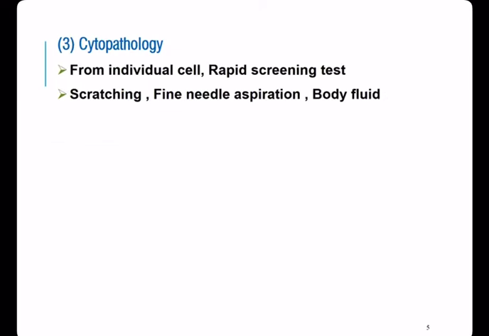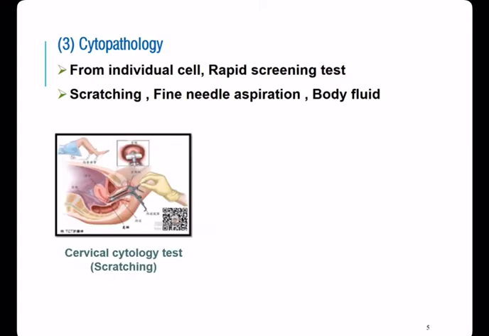Cytopathology is to diagnose from individual cells or fine needle aspiration biopsy. It is used as a rapid screening test to determine whether something is malignant or not. There are two major techniques to collect the material, including scratching, like the cervical cytology test.